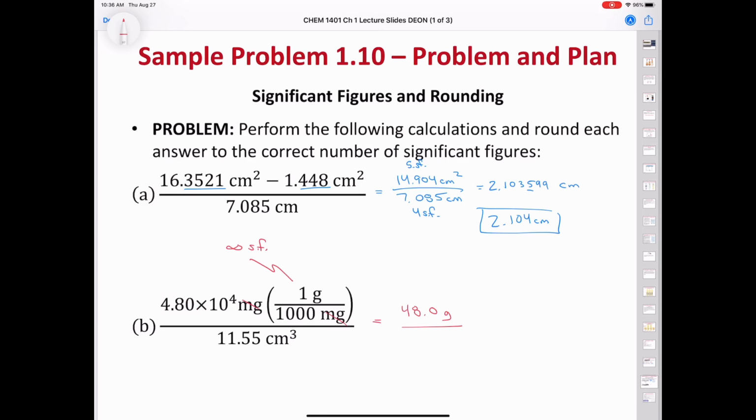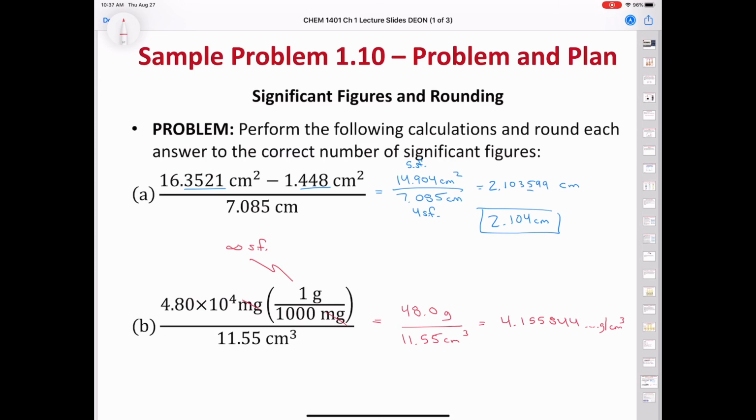And so we're going to divide that number by 11.55 centimeters cubed. And when you punch that into your calculator, we have 48 divided by 11.55. You end up, wow, with this big number, 4.15584. And there's more, I'm not going to write it down, and we have grams per centimeter cubed, of course.